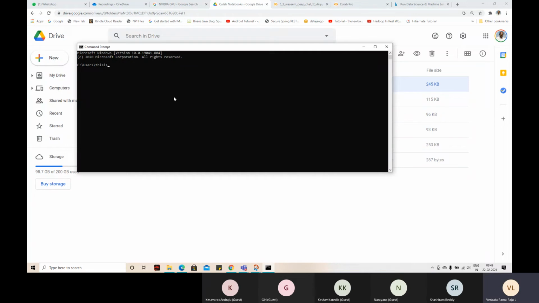In Anaconda or in Python, whatever you installed, it is called the base environment. In that base environment, you can create an additional environment. What is an environment? A container where you can install the software you need.